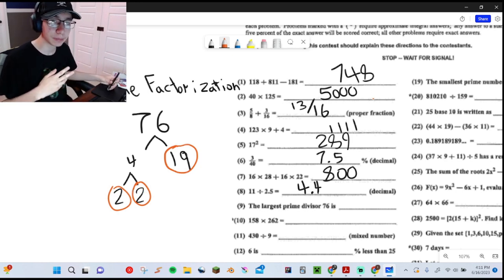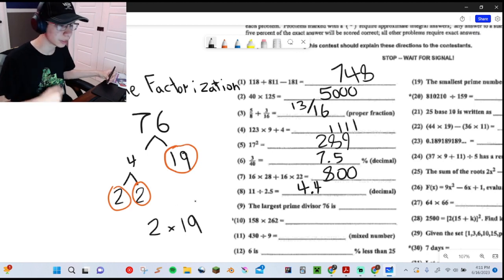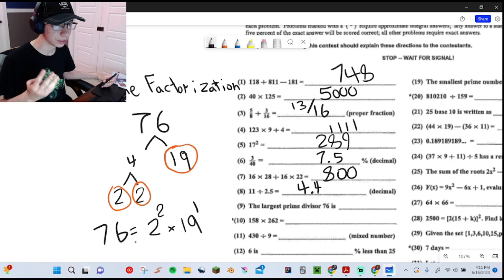Now I count up how many prime factors I've got at the end of this process. I have 2 2's, so that's 2 squared, and 1 19, so 19 to the first. This is the prime factorization of 76. It shows that 2 squared times 19 gives us 76.